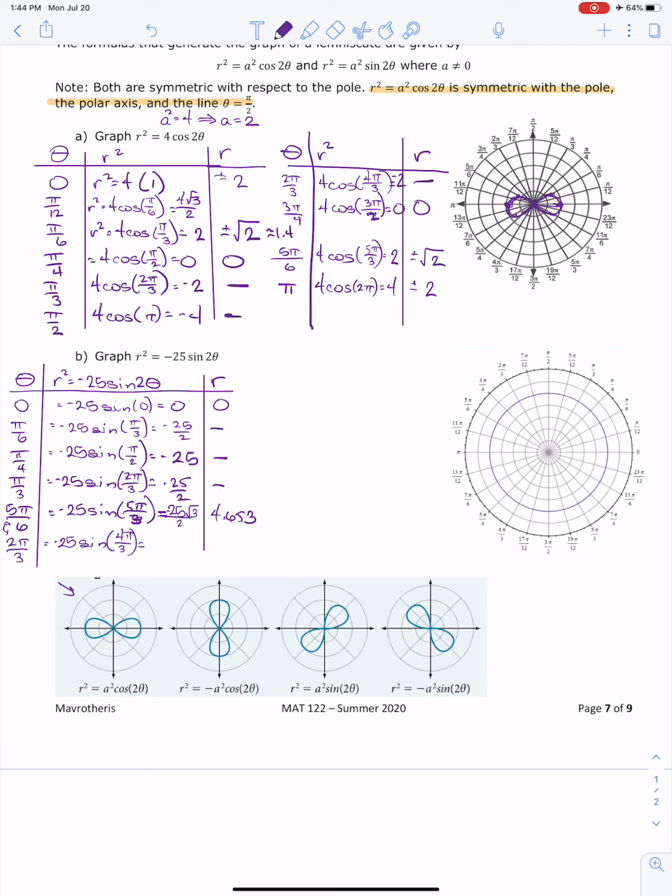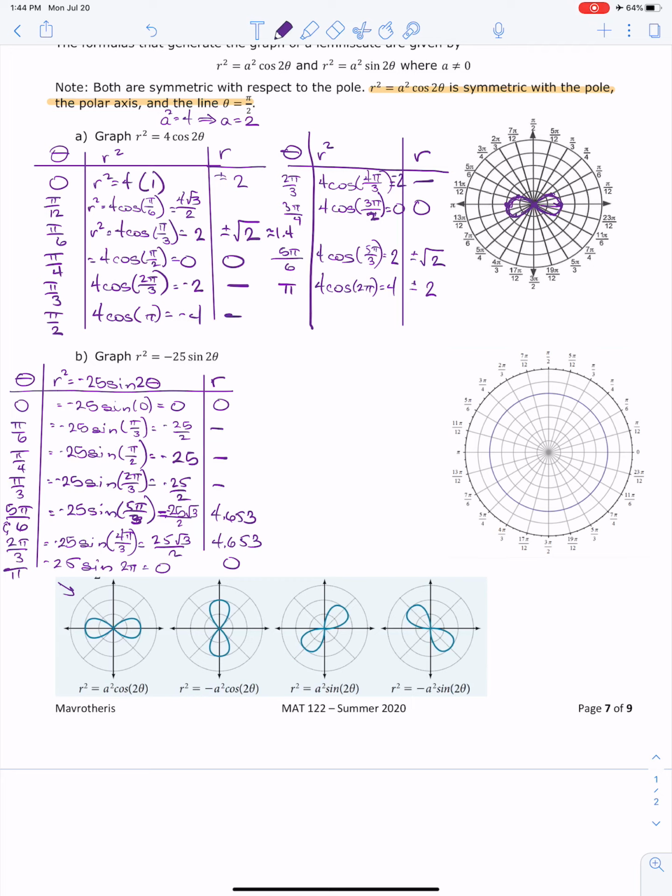Since that's in the third quadrant, the sine's going to be negative, so we've got a negative times a negative, which is a positive. 25 square roots of 3 over 2, which is roughly 4.653. And then let's hit pi and just wrap this up, negative 25 times the sine of 2 pi, which is 0. So I'm back at 0.